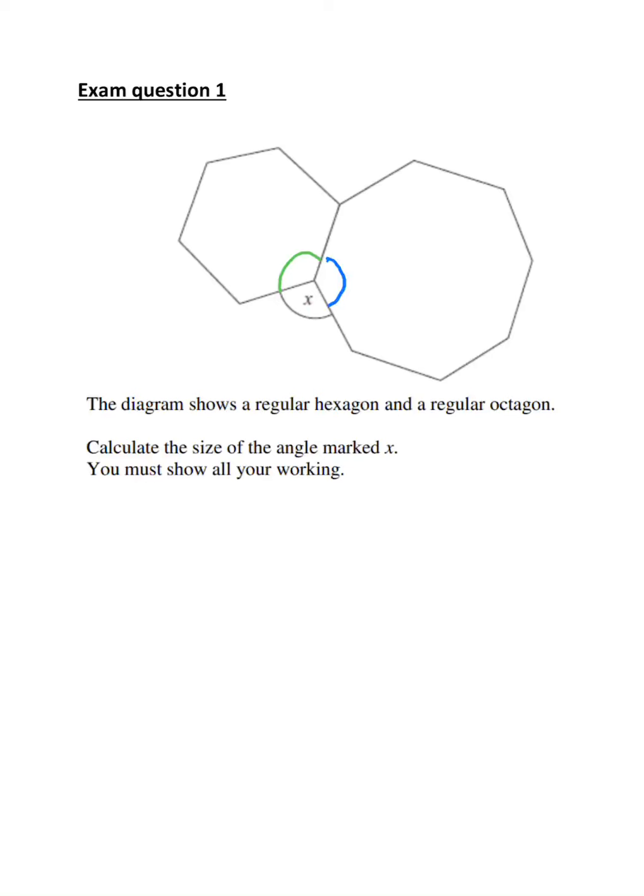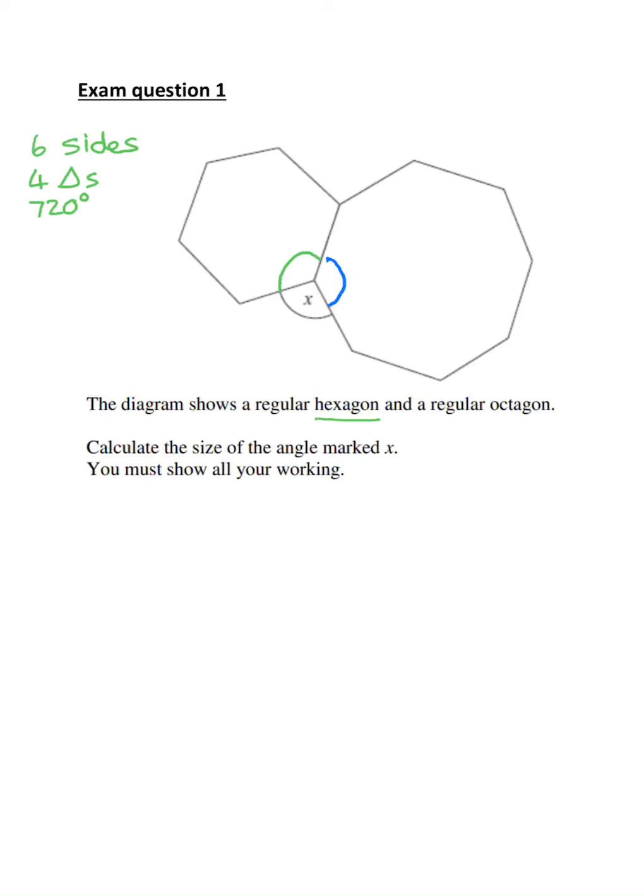So let's first of all look at the green one. We're dealing with a hexagon, and a hexagon has 6 sides. Any shape that has 6 sides can be split up into 4 triangles. You know that because it's always 2 less than the number of sides. So if you do 4 lots of 180 degrees, you get 720. So this shape will have 720 degrees inside.